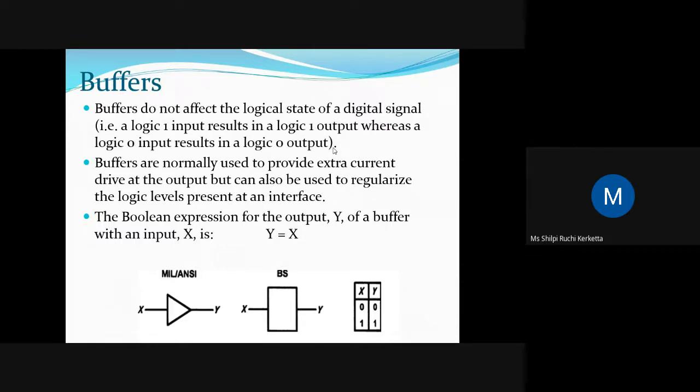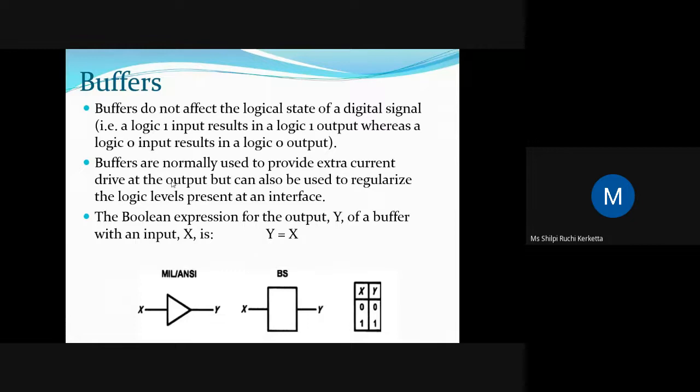If I am sending a message as logic 1, taking it as 5 volt, when it comes to your side it may become 4 volt or 3 volt. So what does the buffer do? It makes that 3 volt into 5 volt, or that 4 volt into 5 volt. So a buffer acts as an enhancer of the signal.